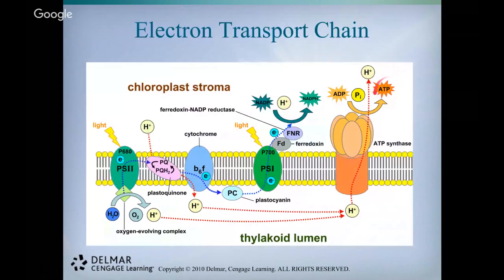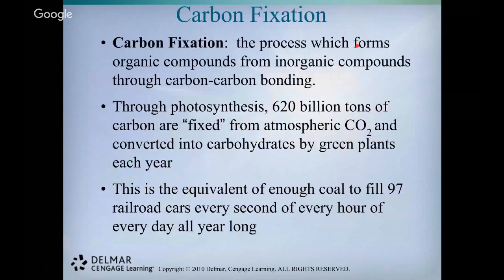So right here, ATP, NADPH, going then into the stroma of our chloroplast, and we're going to be talking about carbon fixation. So what is carbon fixation? Again, simply the process which forms organic compounds from inorganic compounds through carbon-carbon bonding. Carbon comes in, and we're fixing it, changing it into a usable energy source.